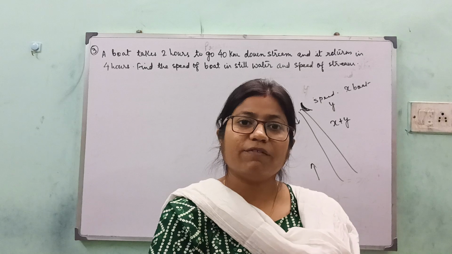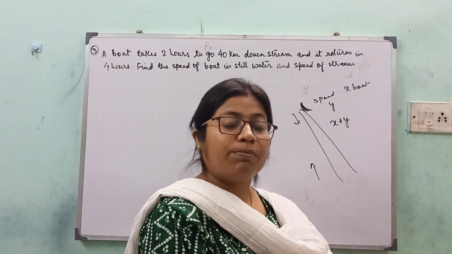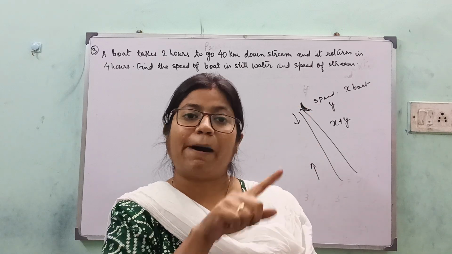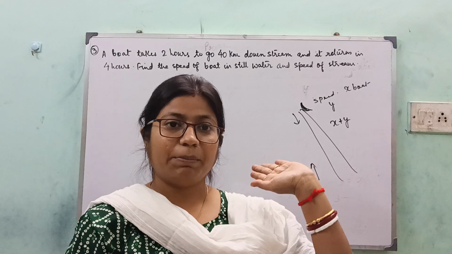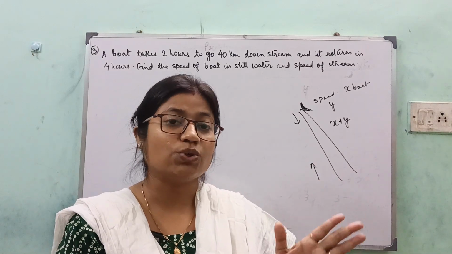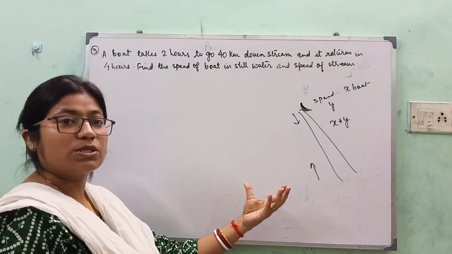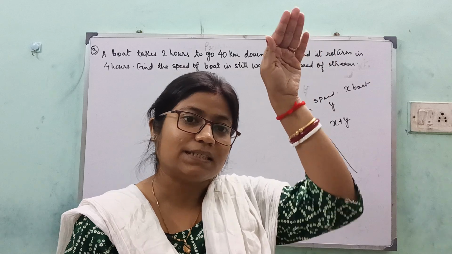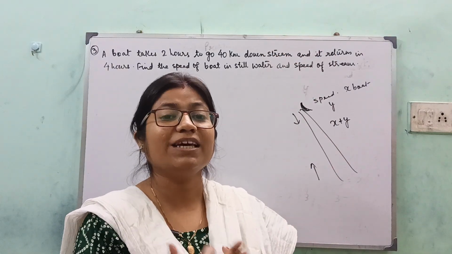Now, if the reverse happens, that is if the boat is going in the upward direction. River will always flow in the downward direction. River will not flow from downward to upward. It will always flow from up to down. So, when the boat is going in the opposite direction of the stream, it has to face an opposition. So to face an opposition, its speed gets decreased because it has to fight against the speed of the water.